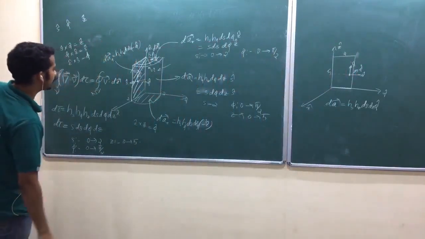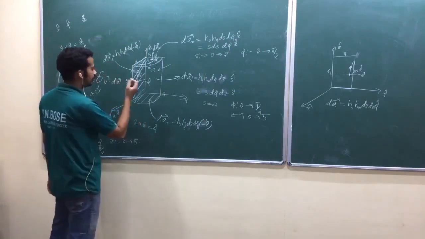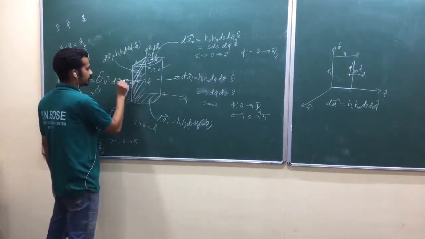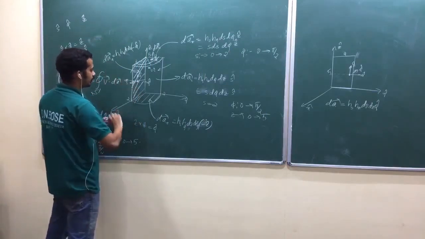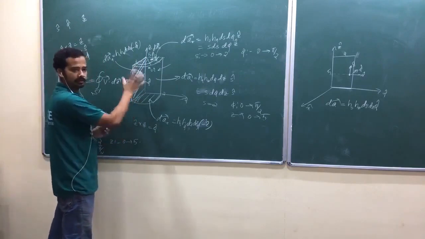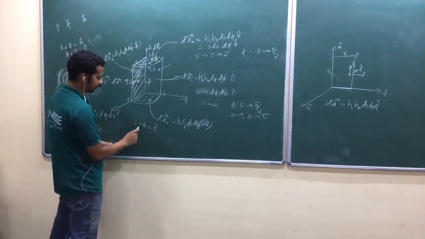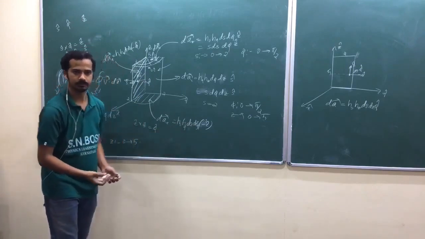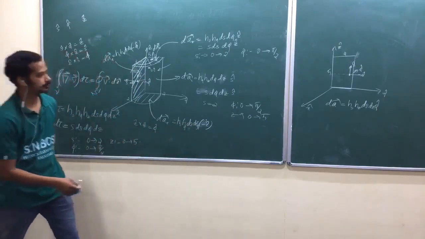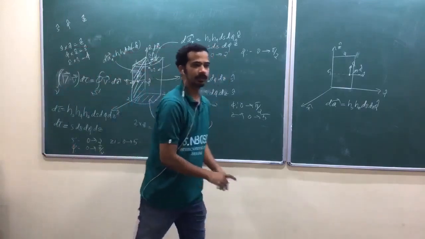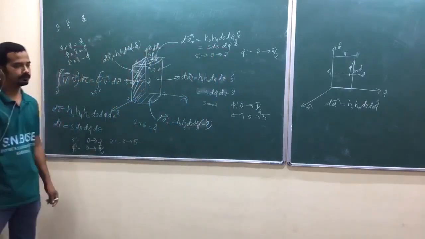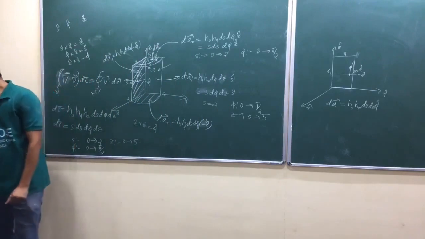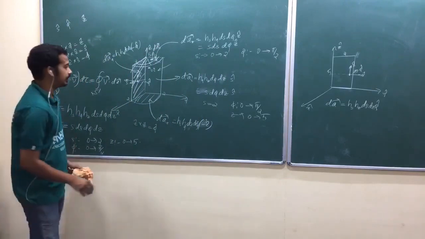Sometimes, look at here, if you need a vector along this direction, you can take S cap cross Z cap. Am I right? S cap cross Z cap is automatically minus phi cap. You can do like that also. Think about it, in which cross product you need. Yeah, again, so little lengthy.